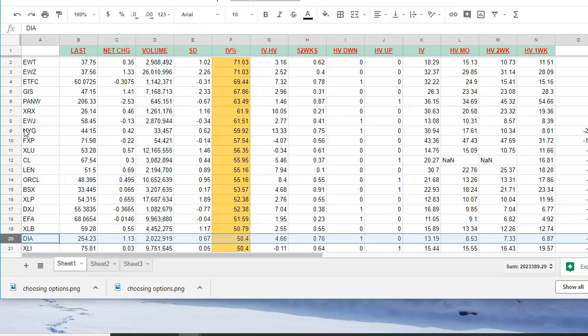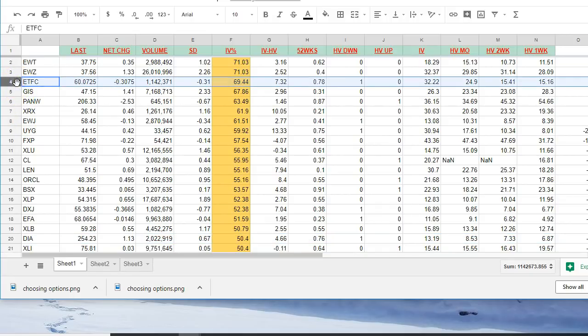So in this case, I picked September. On the puts, I went down to 55. On the calls, I went to 70. So on 55, I collected about $1.11 per contract. I did about 3 contracts.